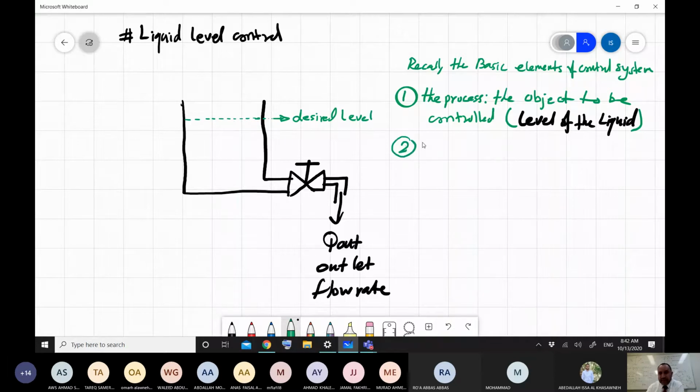So the second element is the actuator. And the actuator we defined as what? A mechanism to provide the power to the process, in order to put the process into automatic action.